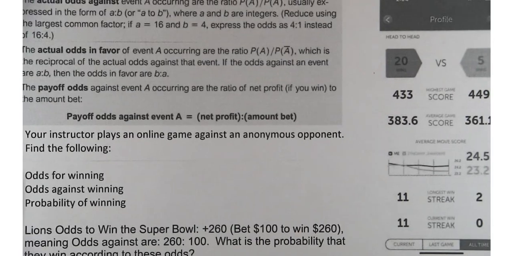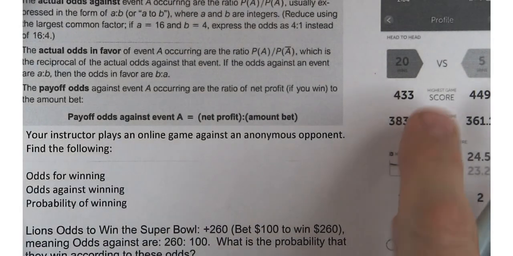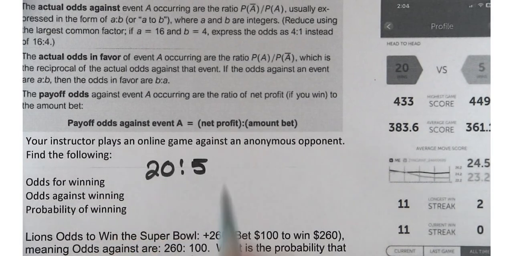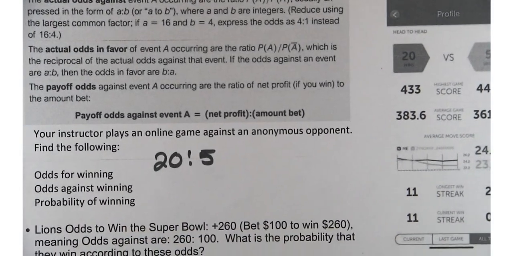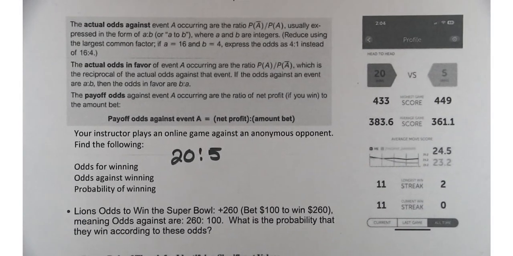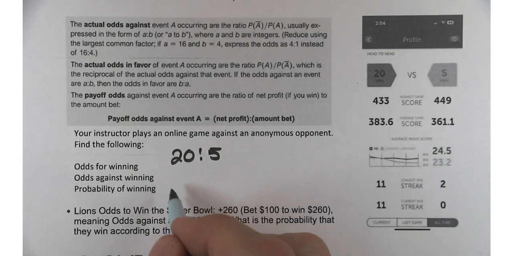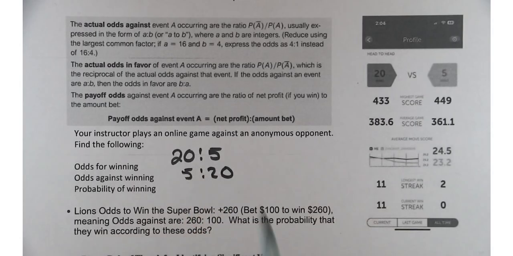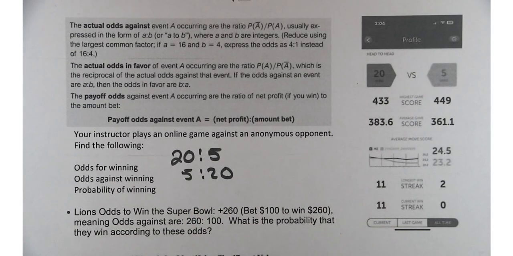So the odds for me winning would be 20 to 5. 20 times I win, 5 times I lose. Okay. What about the odds against me winning? What would those be? 5 to 20. Yeah, 5 to 20. Just turn it around.